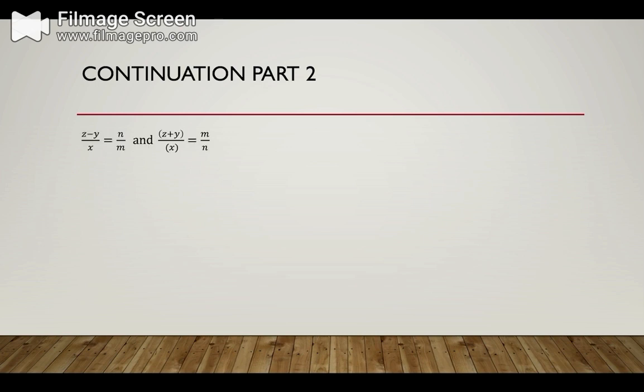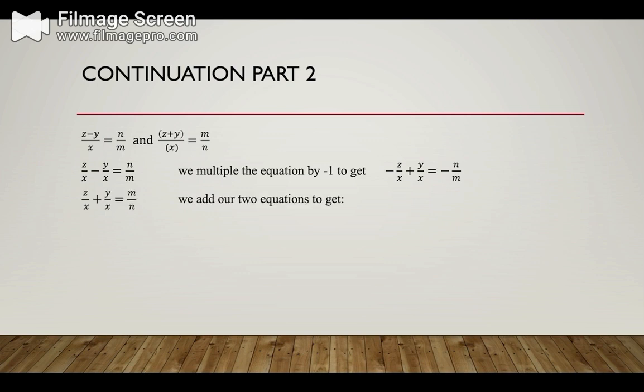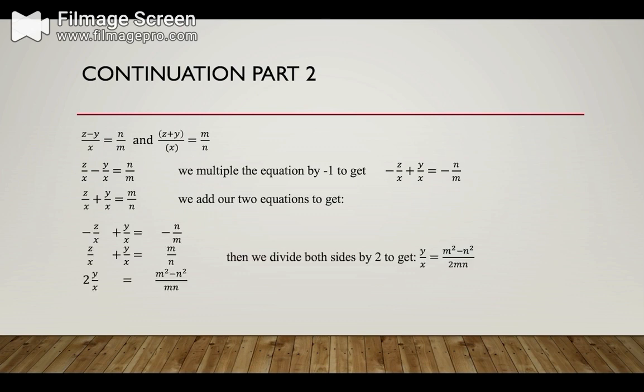But now we're trying to solve for y over x. So to do that, we're going to have to multiply the first equation by negative 1 to end up getting negative z over x plus y over x equals negative n over m. And by using our second equation, z over x plus y over x equals m over n, we're going to add them together like we did the first time around, and we end up getting 2y over x equals (m squared minus n squared) over mn.